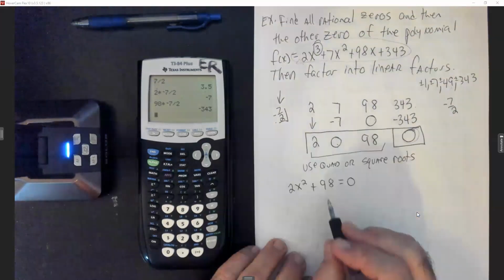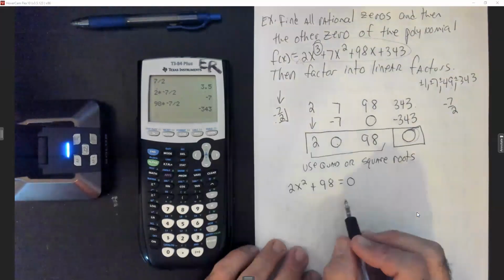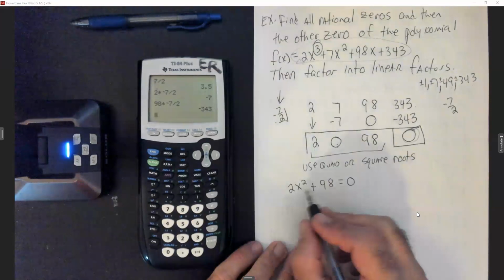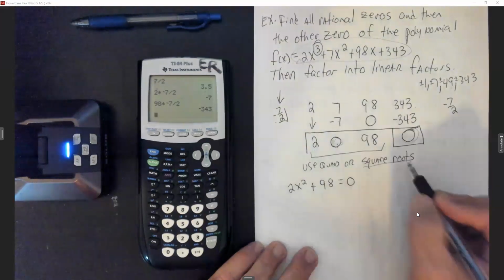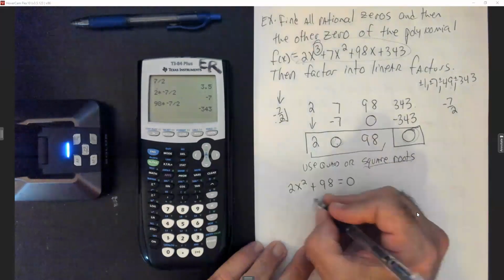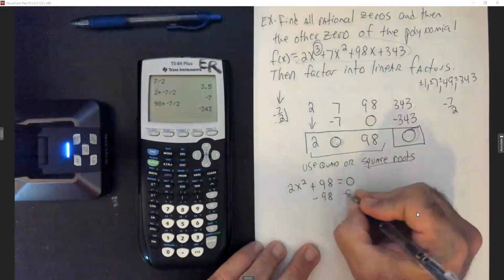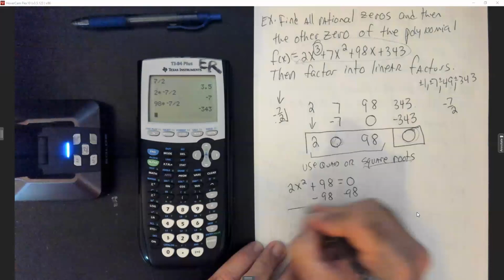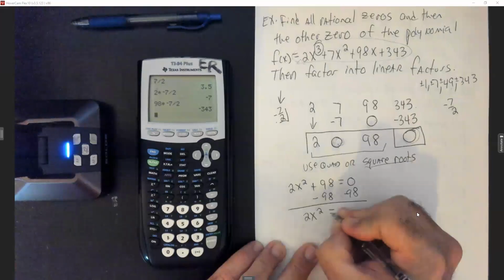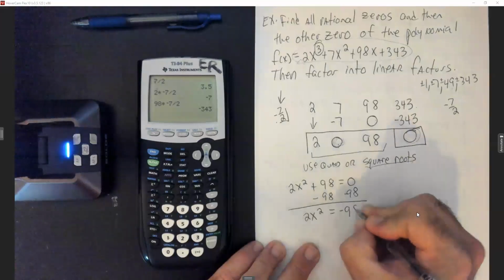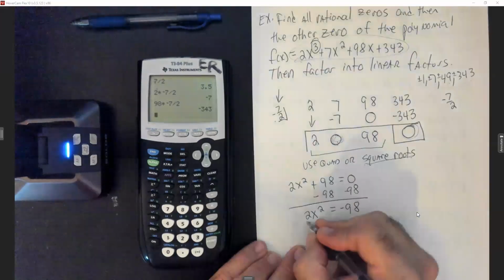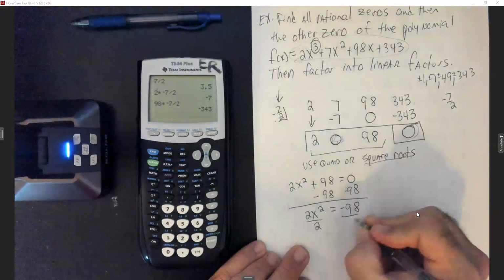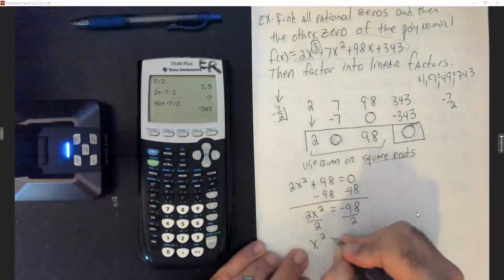All right, y'all, I'm going to solve this by square roots because that's pretty quick when you don't have that x. Anytime you got a 0 in the middle, I would probably do the square root method. Just watch this. I subtract 98. I get 2x squared equals negative 98. Next, before I do square roots, I would divide that by 2 so that I get x squared equals a negative 49.